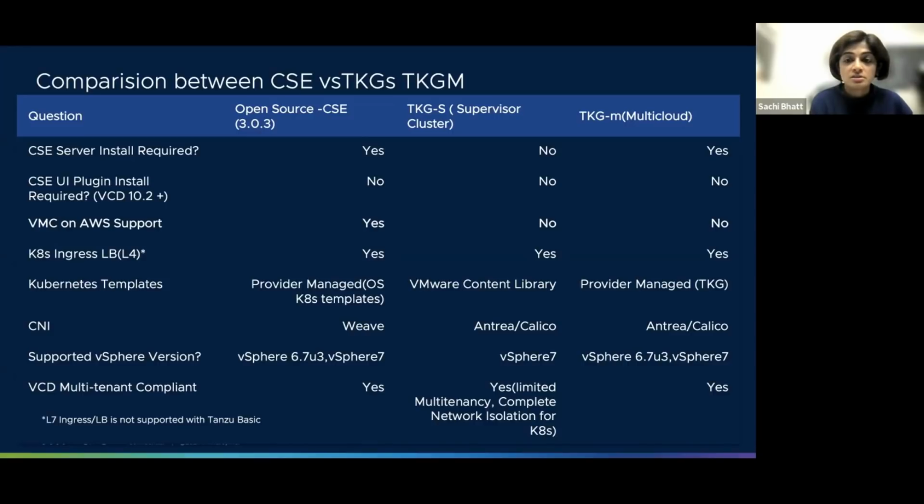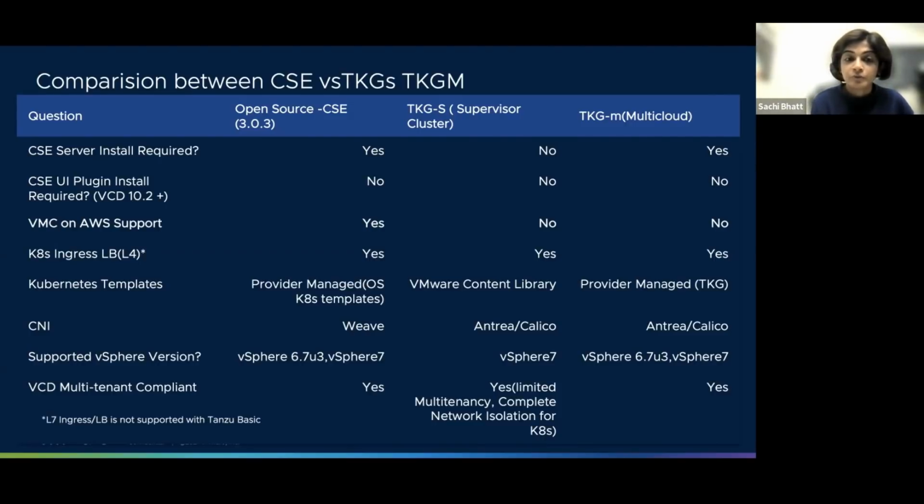So TKGS requires vSphere 7, and our latest support with VMware Cloud Director 10.2 is with vSphere 7 Update 2. We are using specific capabilities for tenant isolation starting with Update 1C, so it's better to use the latest, which is vSphere 7 U2.